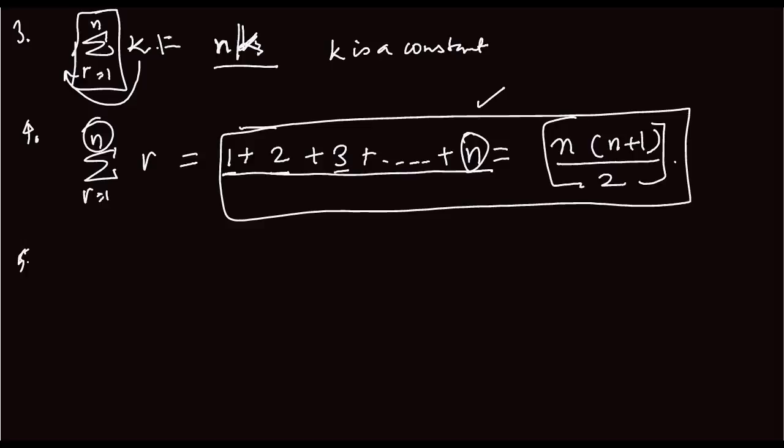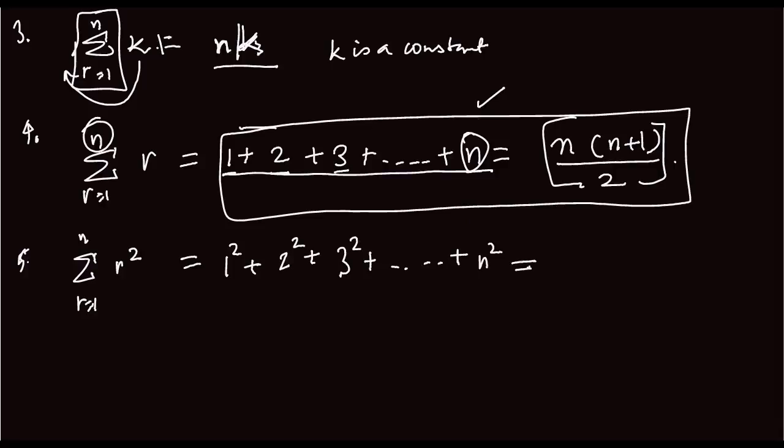Then the fifth one is the summation of r square, with r from 1 to n. This is also important. The series is 1 square plus 2 square plus 3 square up to n square.